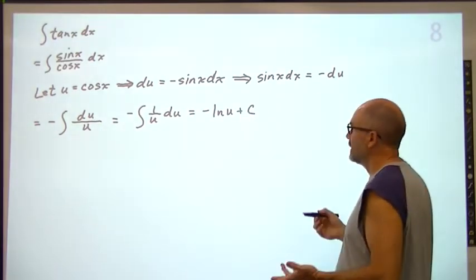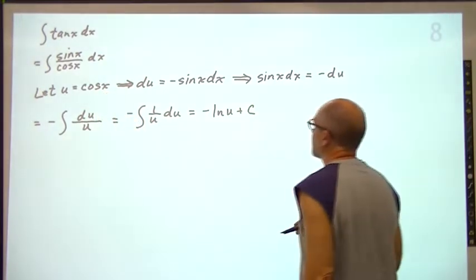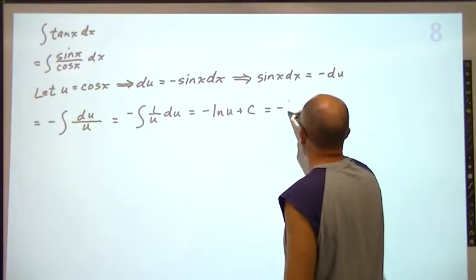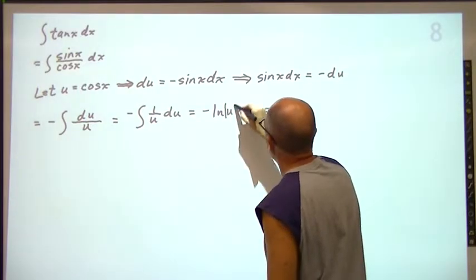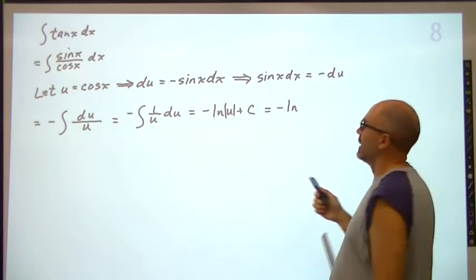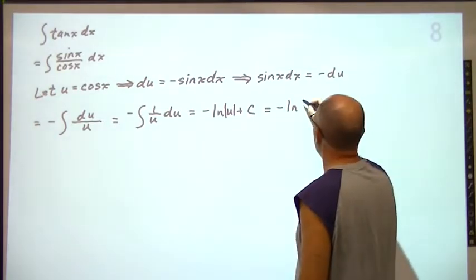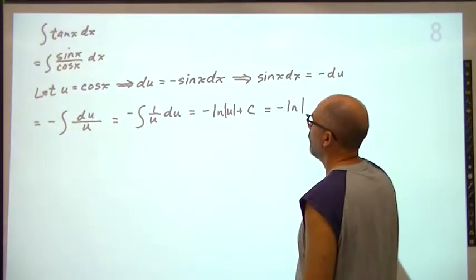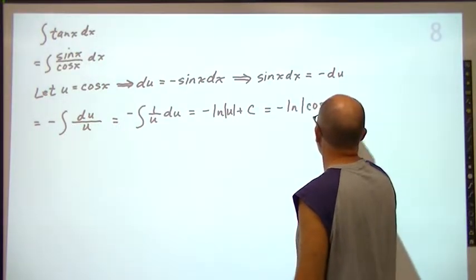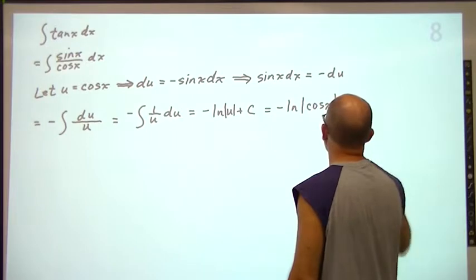Okay, now, what's u? It's cosine x. So this equals negative natural log, oh, and I'm sorry, have to have absolute values around the u, because natural log can never be negative. So negative natural log of the absolute value of cosine x plus c.